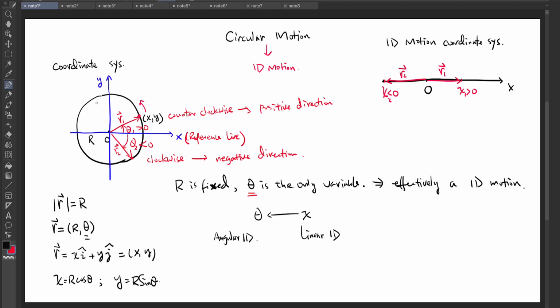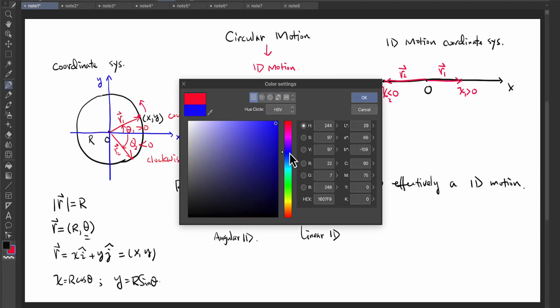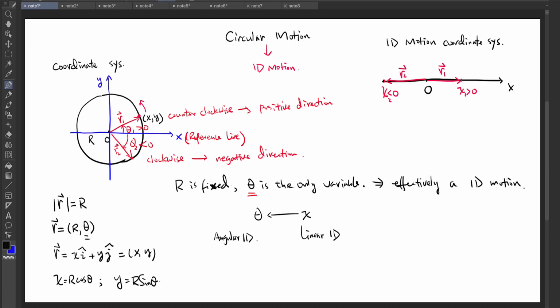Okay. Now you may say, how about I measure the second position R2 from this direction, because I can keep going, right? I can keep going from the x-axis, that's the reference line, in a counterclockwise direction, and I can also end up here.